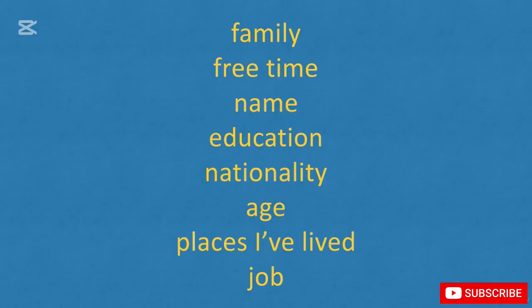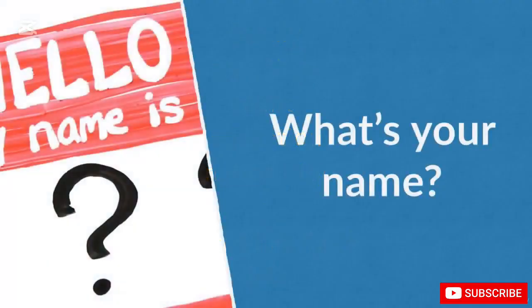So we're going to look at the kinds of questions you need to ask to get information about these topics from other people. You probably know a lot of these questions already, but I'm going to try and say them in a very natural way and in a way that sounds like I'm interested. So try to repeat these questions after me so that you sound interested and so that you sound natural.